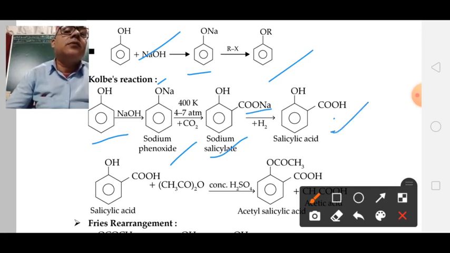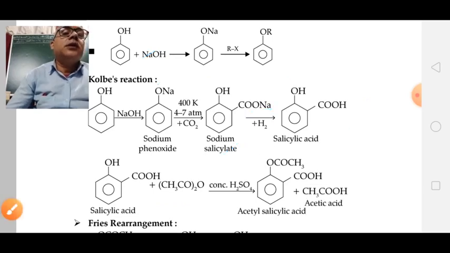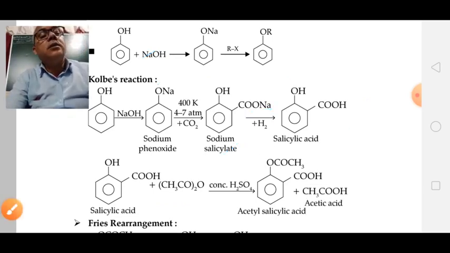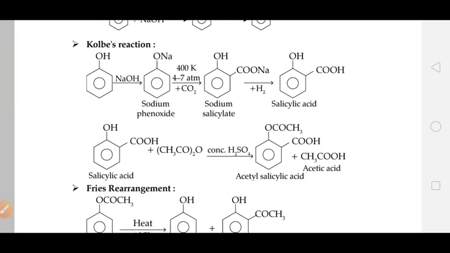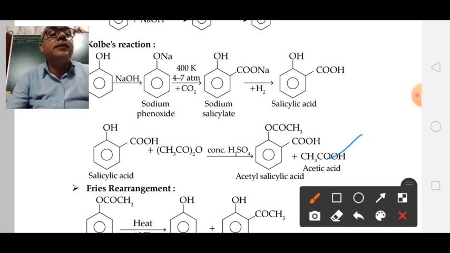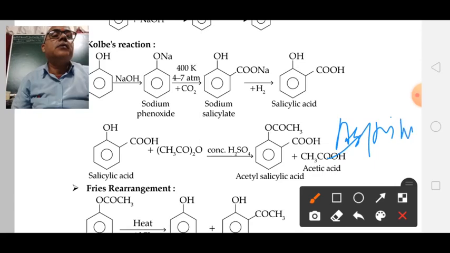Now on acetylation, it gives acetylsalicylic acid. Okay, this is aspirin.